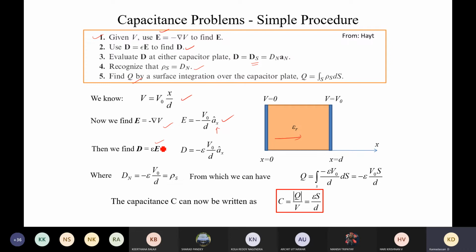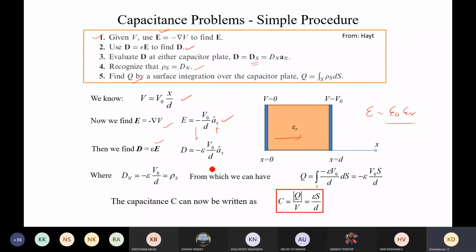Then we have to multiply with this epsilon. Where this epsilon, I already told, epsilon is nothing but epsilon naught, epsilon r. So in general, we call that epsilon. That is called permittivity. So this is D equals epsilon E, and that is simply we are going from here to here.